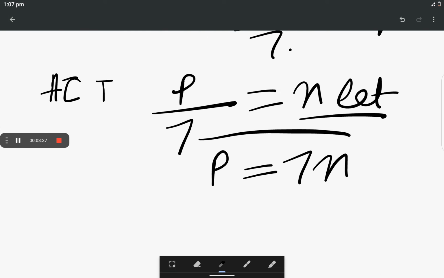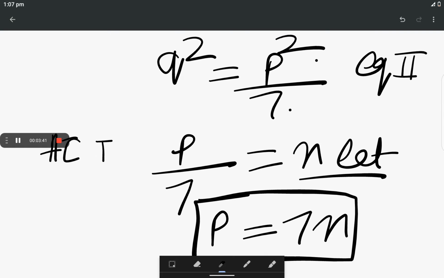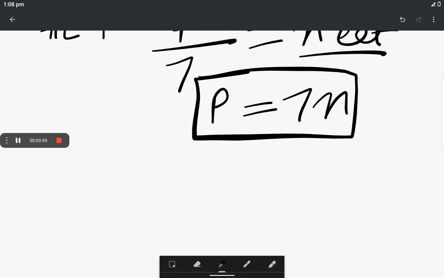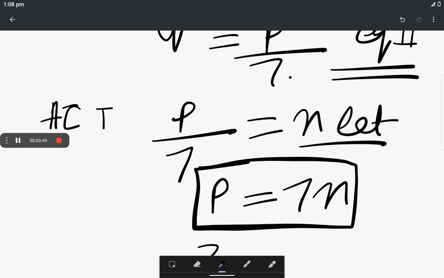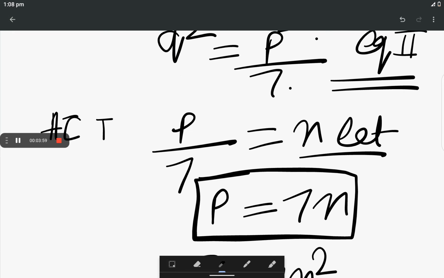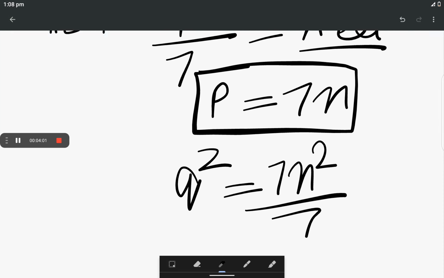So now we have got a different value for p. Now we would simply put this value of p in equation 2, which will give us q square equals to 7n upon 7 square, which is our equation 2.